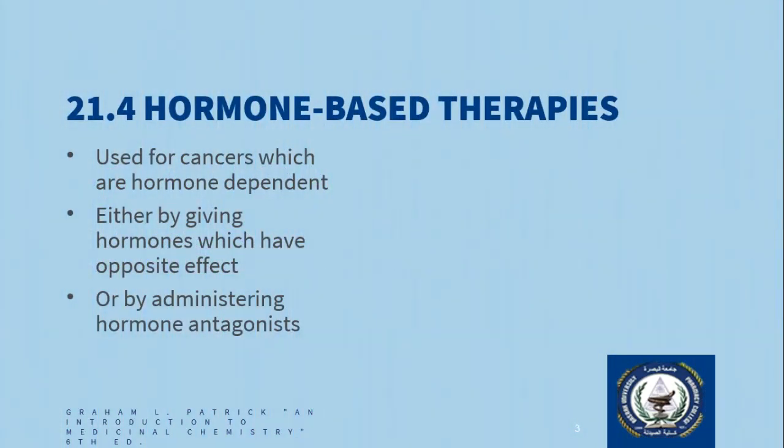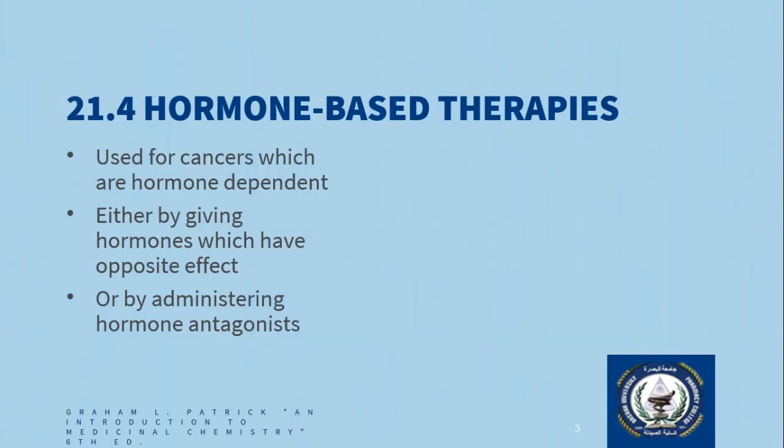Okay, hormone-based therapy is used for cancers which are hormone dependent. What does that mean? That means there are some kinds of cancers or neoplasms that depend on or need hormone to grow.